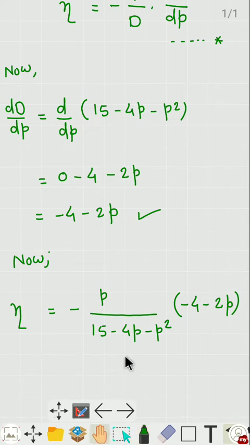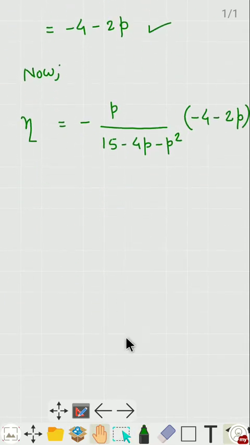In the next step we put p equal to 2, because we have to find this price elasticity of demand at p equal to 2.